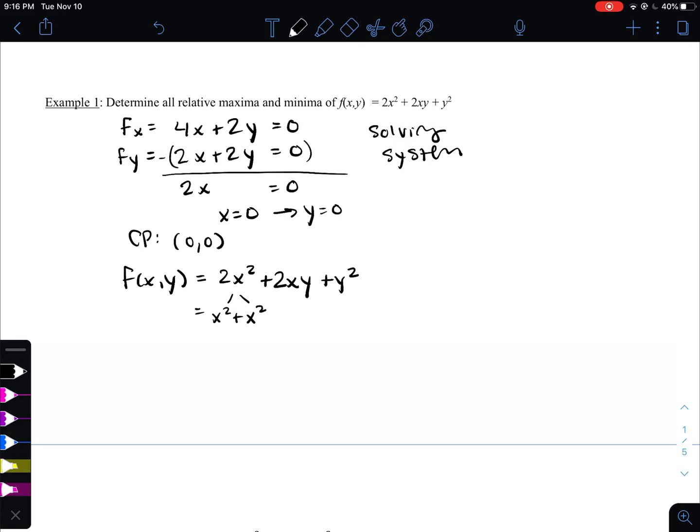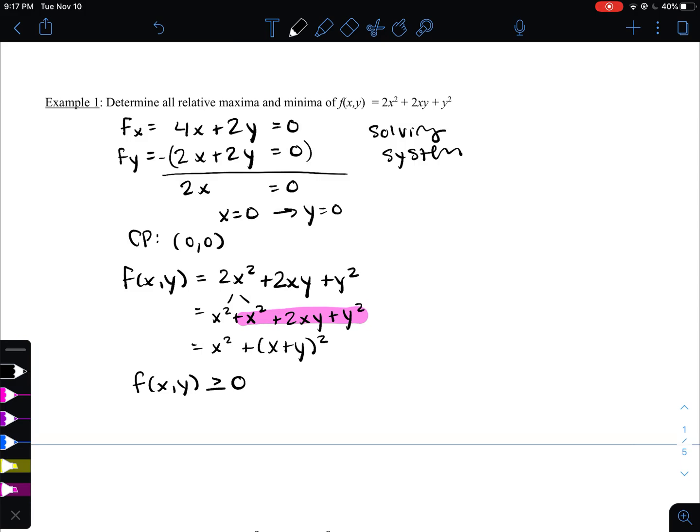I split up 2x squared into x squared plus x squared, and I can actually factor this second half into (x plus y) squared. This is important because f of x and y is now the sum of squares. That means it's either going to be equal to 0 or greater than 0.